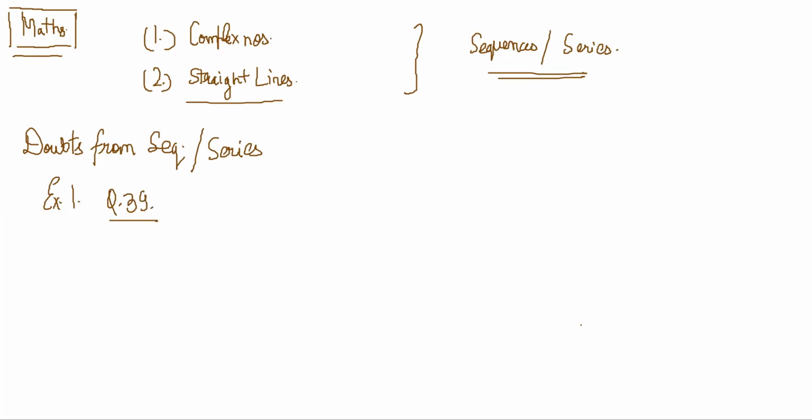The question is asking for the common difference D of the AP in which T7 is equal to 9 and T1, T2, T7 is least. That is not very clear, but let's see what happens. I didn't understand what that meant.